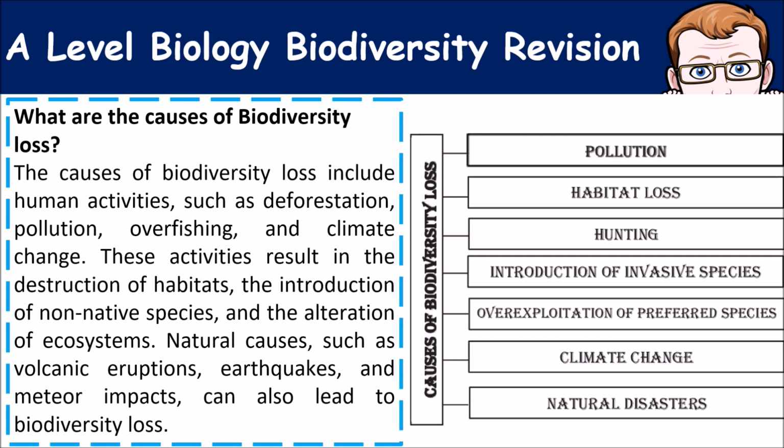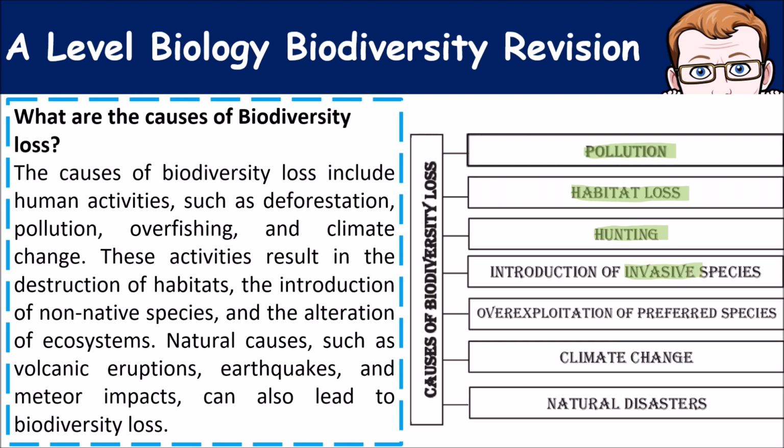There are a number of different causes of biodiversity loss, so a decrease in biodiversity. So things like pollution, which could be man-made, habitat loss, where we're cutting down too much. Right, overhunting or overpredation, so we're physically hunting the organisms in there.